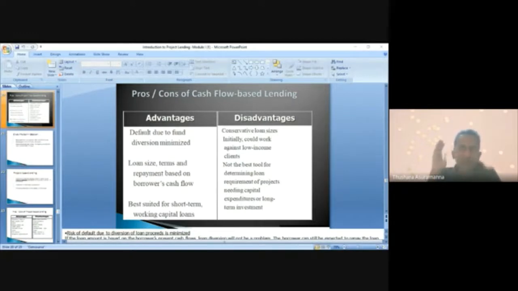Because in asset-based lending we depend on the value of the asset, not the cash flows. But when it comes to cash flow based lending, it's your primary question. What is the purpose? What's the end use? On what are you going to use this money? Because if you are thinking along those lines, fund diversion could be minimized. Let's say the customer wants money to invest in working capital.